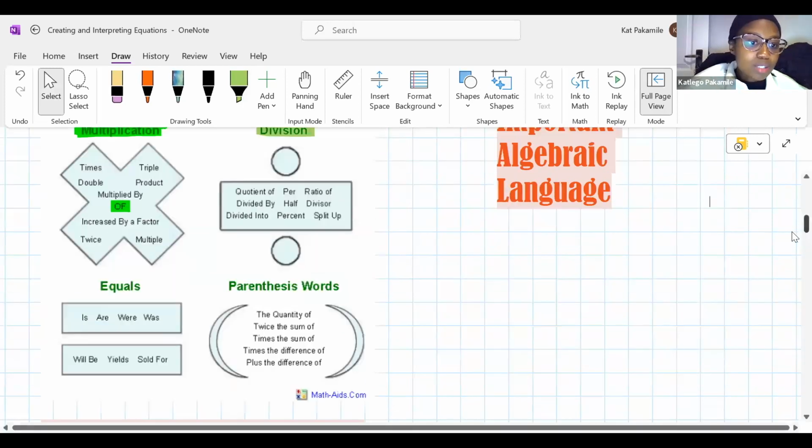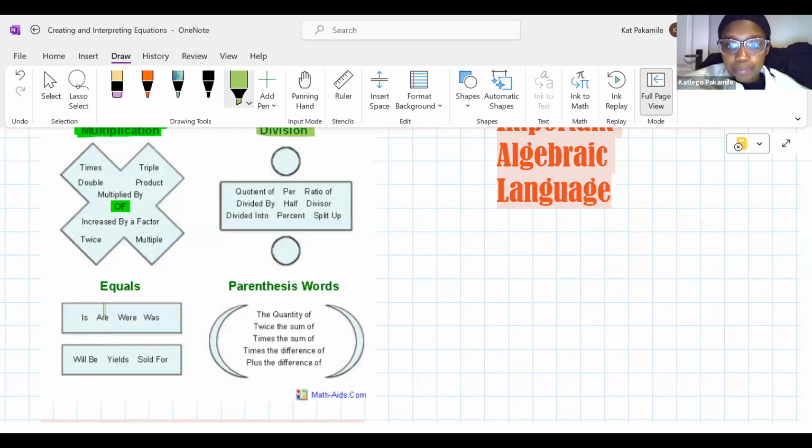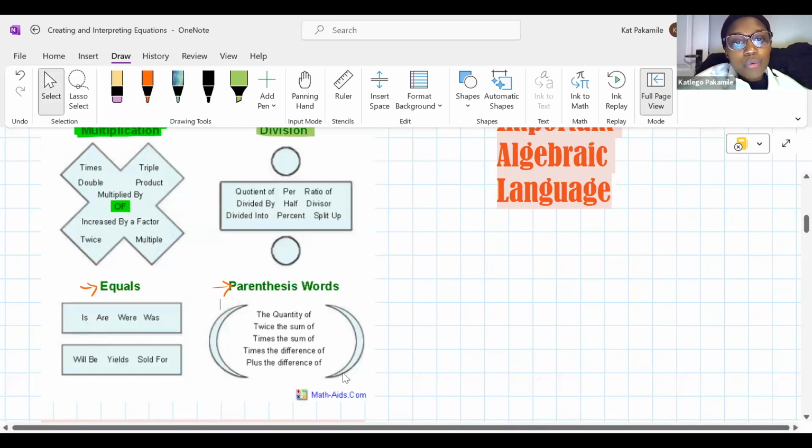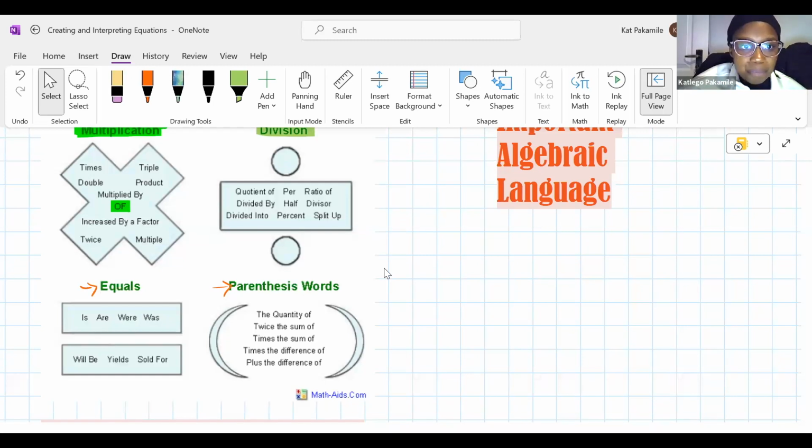Then we have our last ones, equals and parentheses. I'll go up just now for screenshots. Equals literally means that this is equal to this, or that is that. Parentheses are used for basically when you want to get in the way of order of operations.